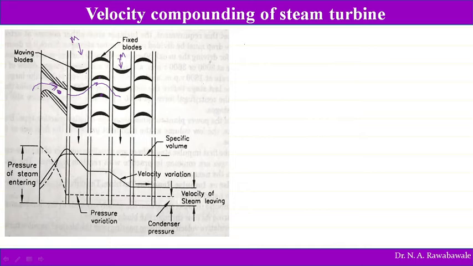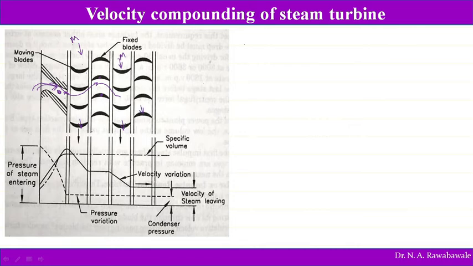After that the enthalpy drop does not take place. Here the enthalpy is converted into kinetic energy, and gradually this steam is passed through the set of moving blade, fixed blade, moving blade, fixed blade. These sets of moving blade convert kinetic energy into mechanical work.